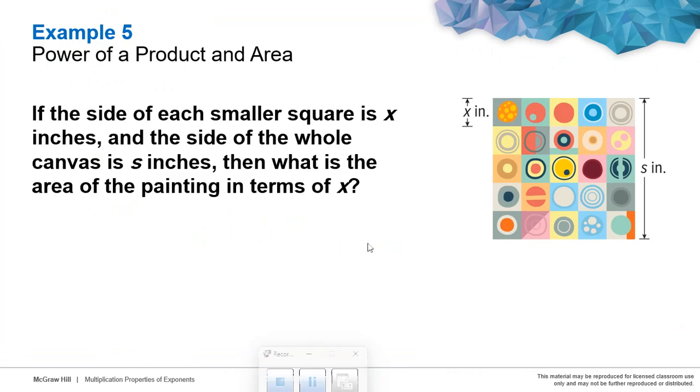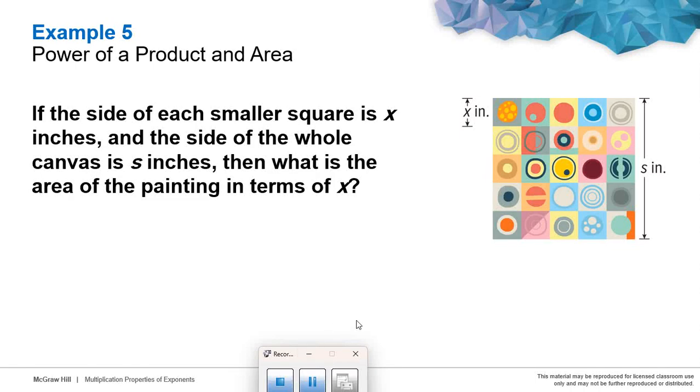Let's move to the next slide here. As you see, if the side of each smaller square is x, this is a smaller square, as you see, and the side of the whole canvas is s, this is the whole, then what is the area of the painting in terms of x? How to find the area?